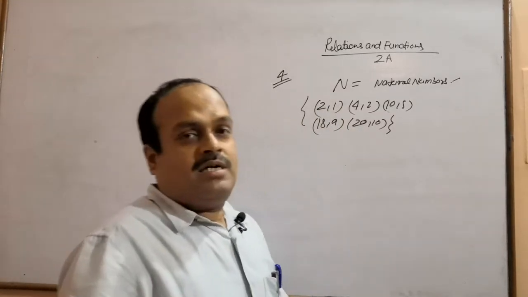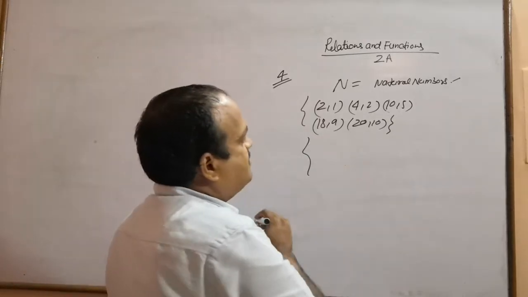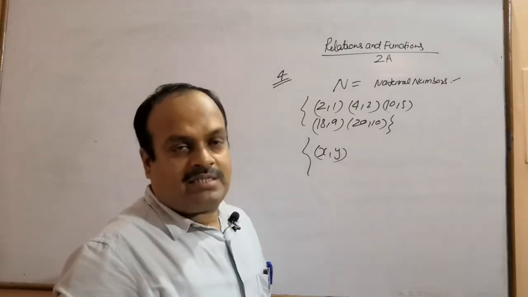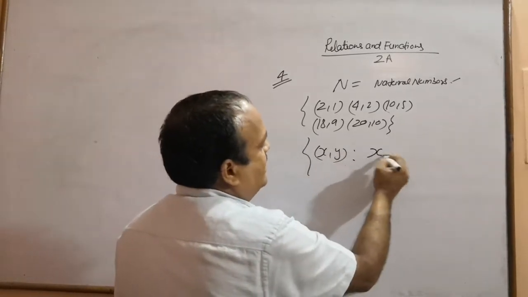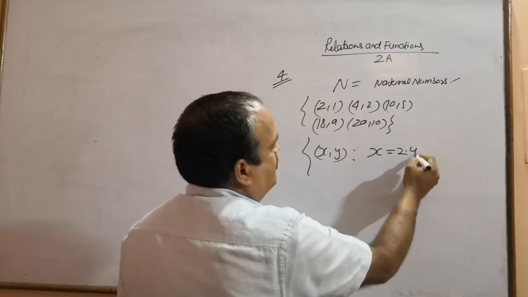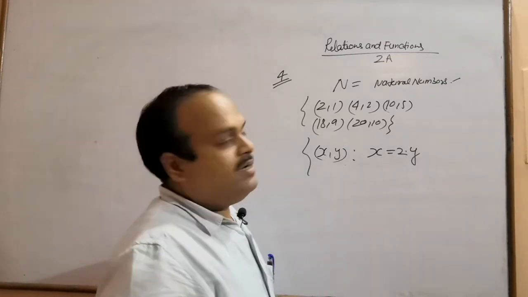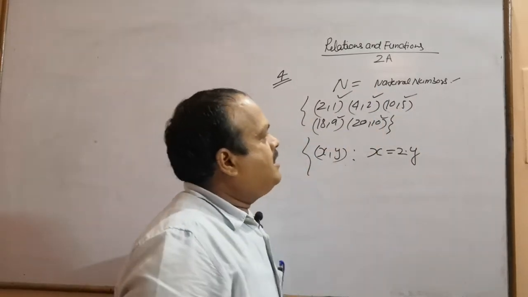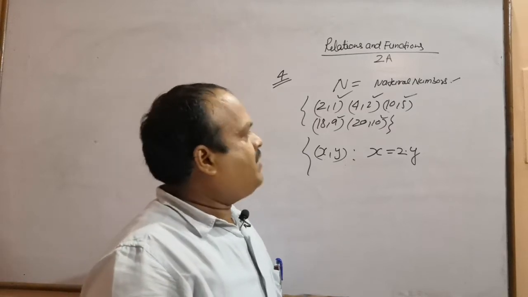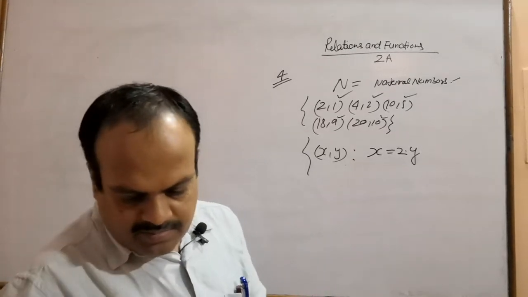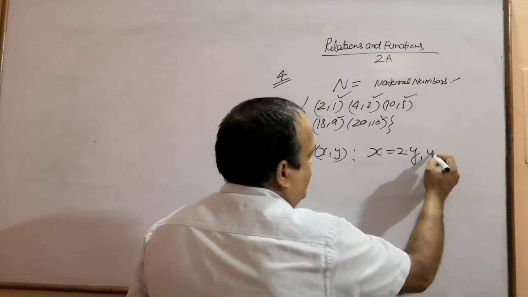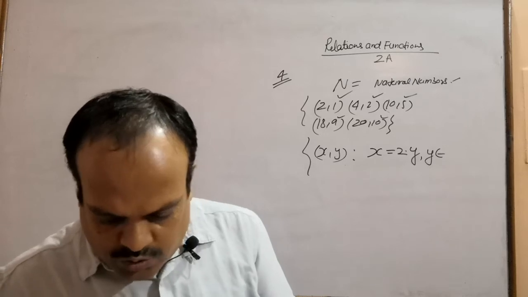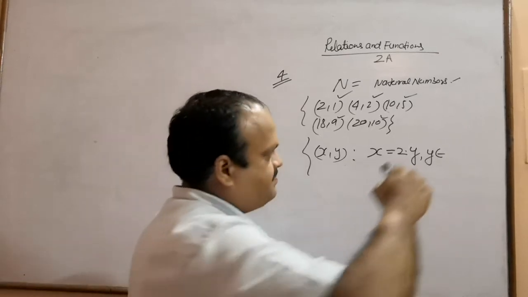So, we can define this relation as the collection of ordered pairs x, y such that x is twice of y, where y belongs to the set 1, 2, 5, 9, 10.